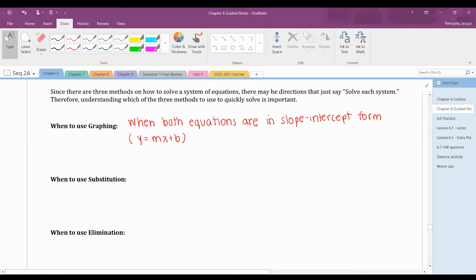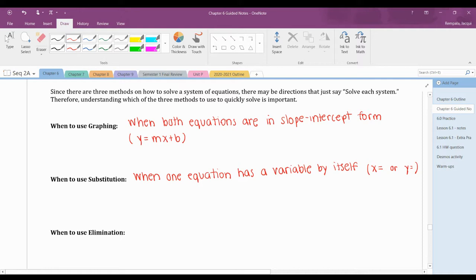So when is substitution the best method? Well, substitution is the best method when one equation has a variable by itself. That means that you see an equation that says x equals, or you see an equation that says y equals.